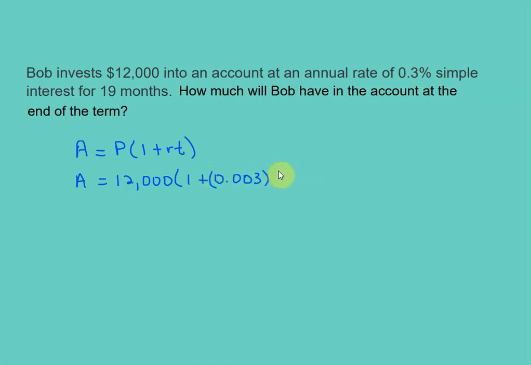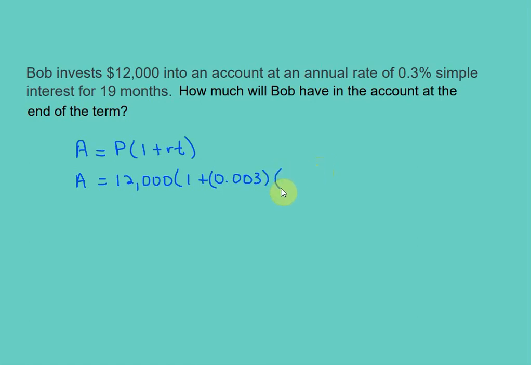Times the time, and remember the time should be in years. Well, they've told us that the amount is going to be in the account for 19 months. So we have to put it into our formula in terms of years. Since they've given it to us in months, we have to relate it to years, and there are 12 months in a year.